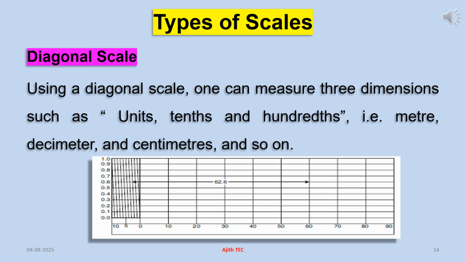A diagonal scale is a drawing instrument used to represent measurements with high accuracy, allowing for the reading of 3 units of measurement, for example, meters, decimeters, and centimeters, or measurements with 2 decimal places. It is particularly useful in engineering drawings and map making where precise measurements are crucial.